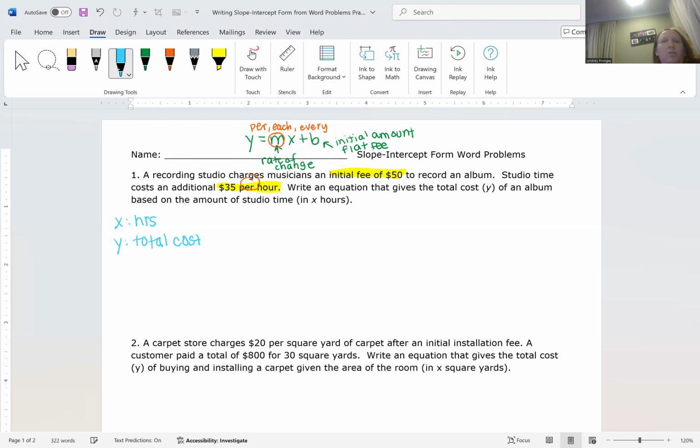Here we know there's an initial fee of $50, and it's $35 per hour. An hour is our X. This is a nice easy one where they just gave us the information. It's y equals $35 for each hour plus the $50. That's it for that one. Nice and easy. We like those.